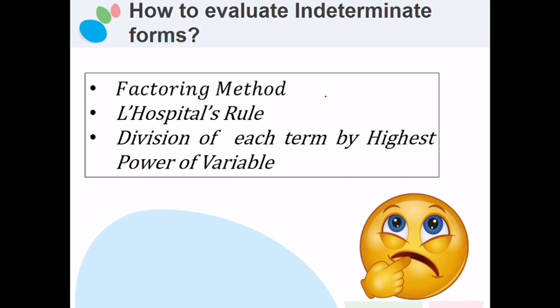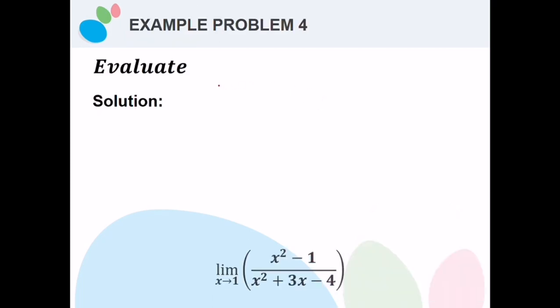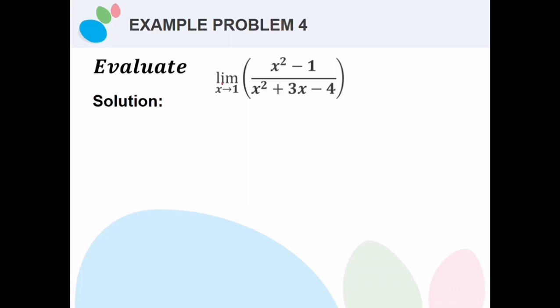Now, our example problem number 4. We are going to find the limit of x squared minus 1 divided by x squared plus 3x minus 4, as x approaches 1.